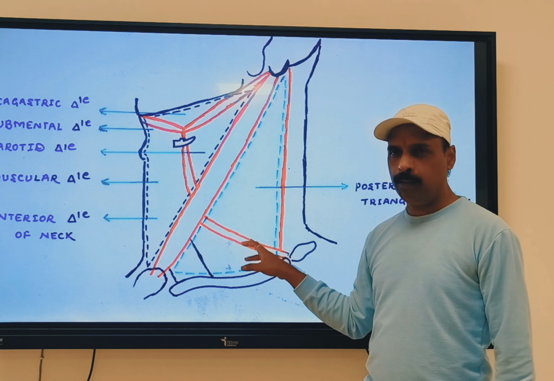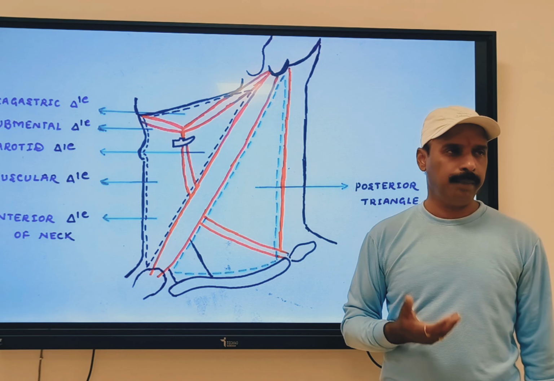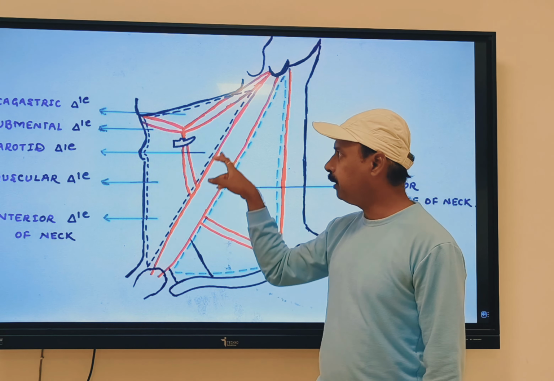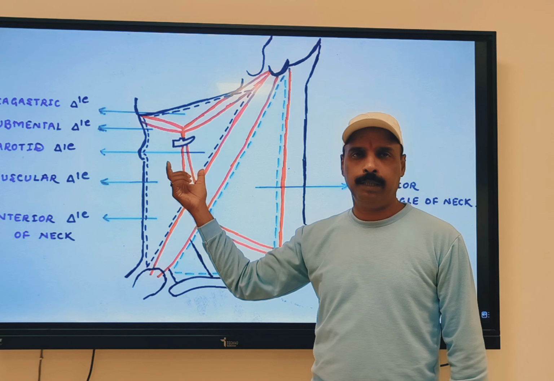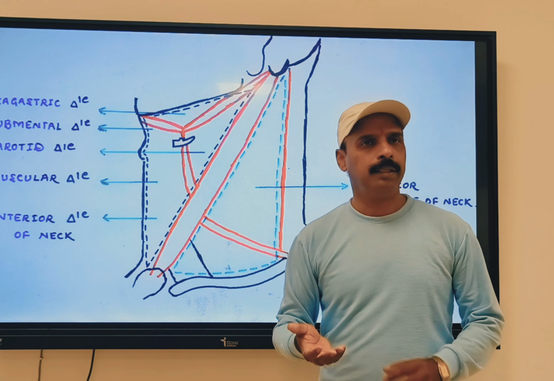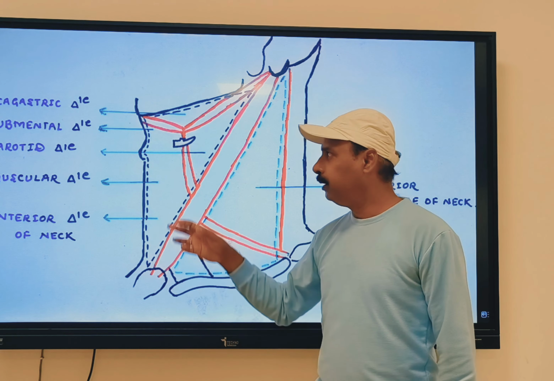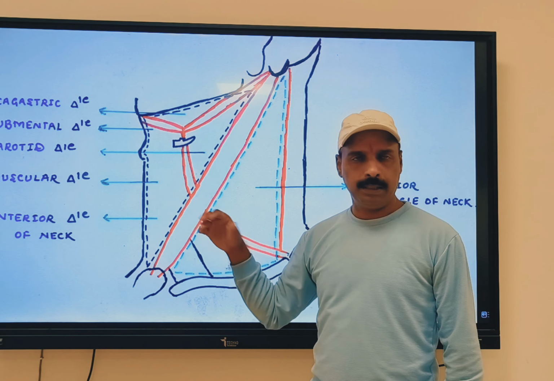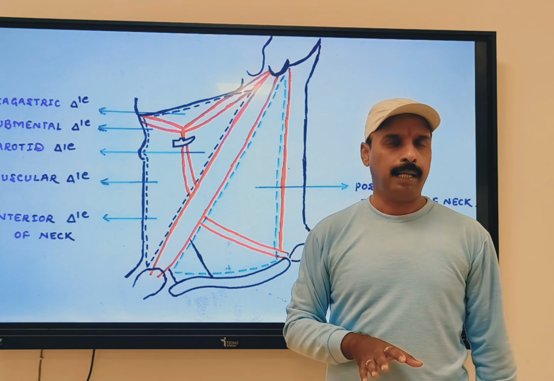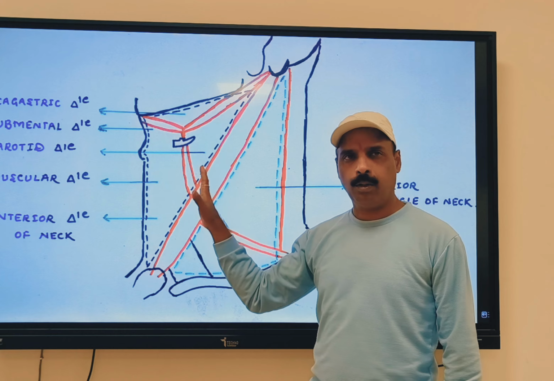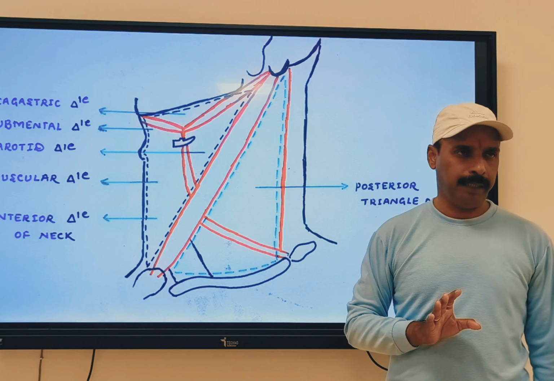The posterior triangle is a triangular muscular space situated behind the sternocleidomastoid. Okay. Now we are going to concentrate on the anterior triangle of the neck, which is what my lecture includes. Once again, the definition: it is a triangular muscular space situated in front of the sternocleidomastoid.